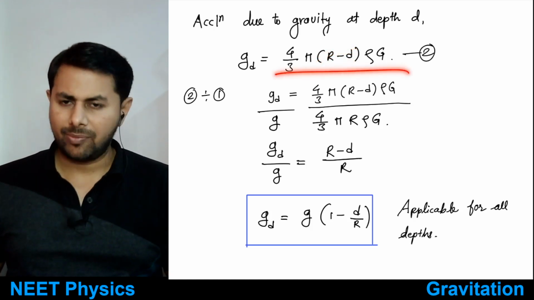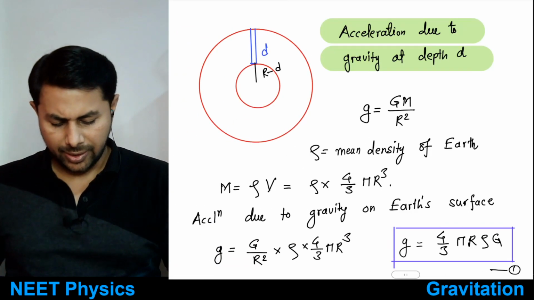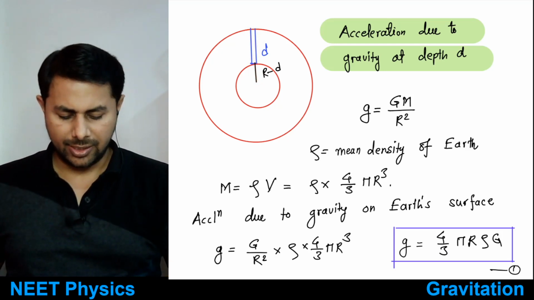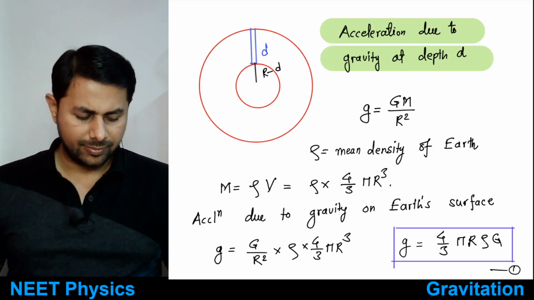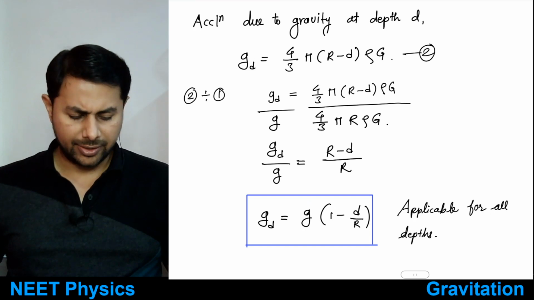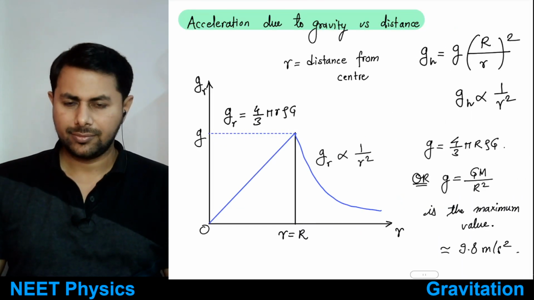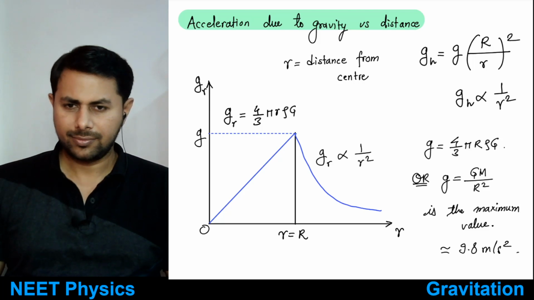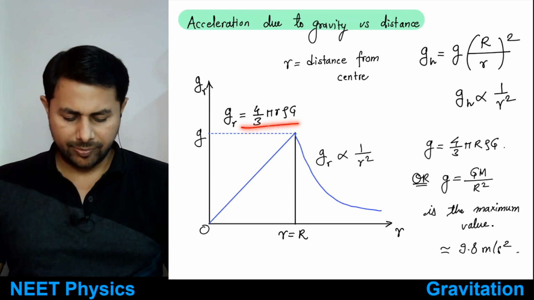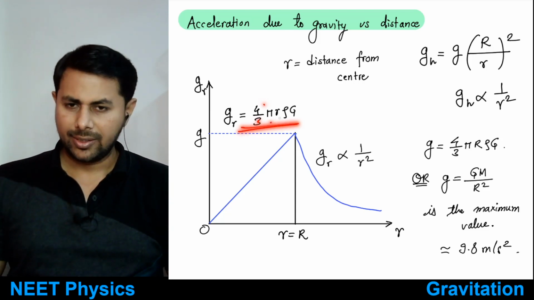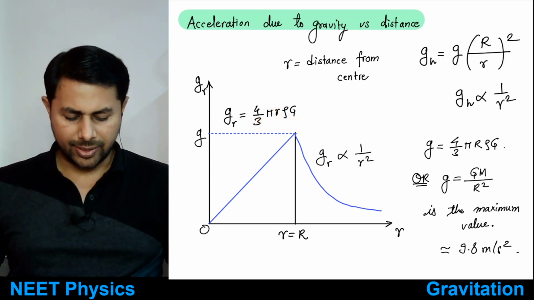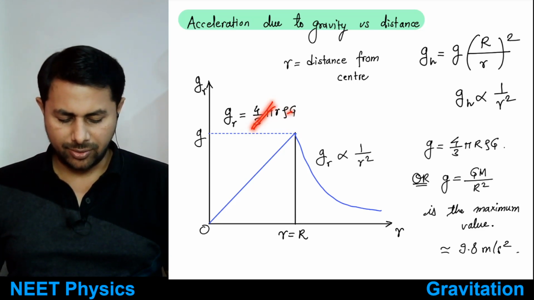The same formula can be used till you reach the surface of earth: 4 by 3 pi r rho g. This is clear? From the center of earth till the surface of earth you can make use of this formula, 4 by 3 pi r rho g. r is the distance of the point from the center of earth, 4 by 3 pi is a constant, and rho and g are constants.